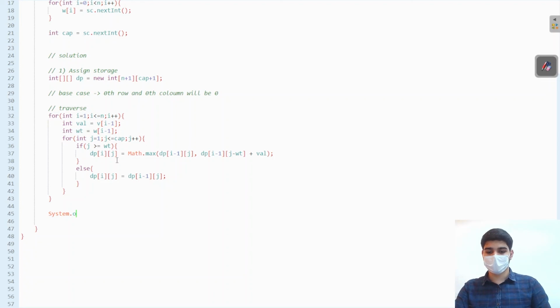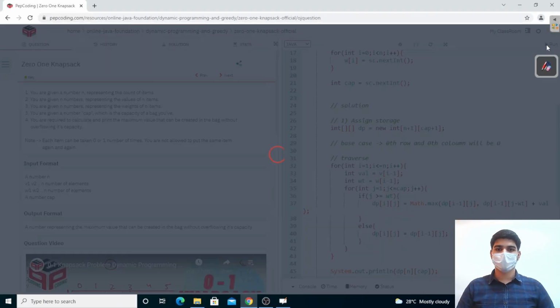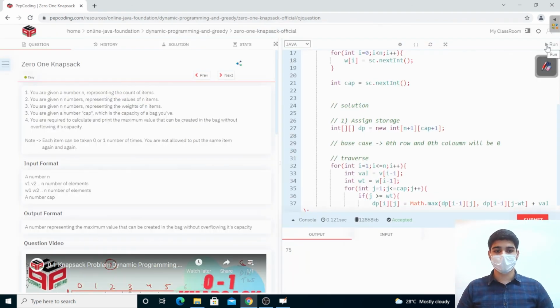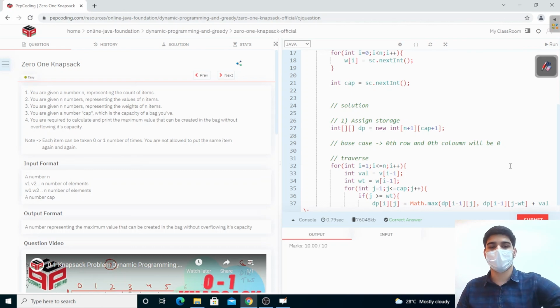So system.out.println, we have n and capacity over here. Let's run this and see if it works. So it does work for the test case. Let's submit and run for all the test cases that we have. And it works. We are getting 10 out of 10.